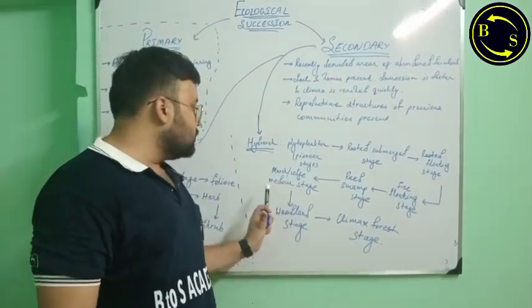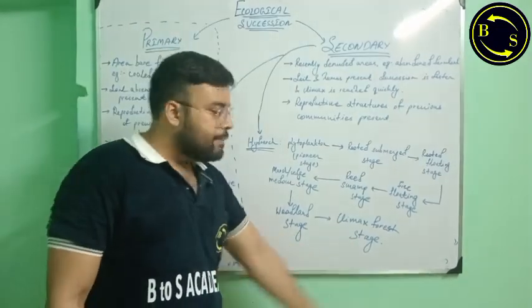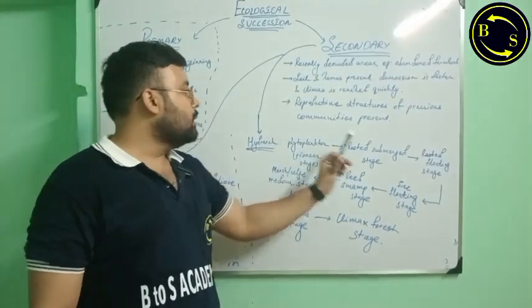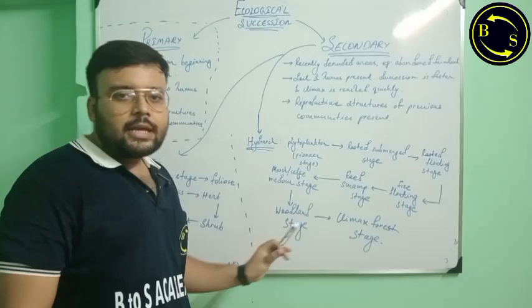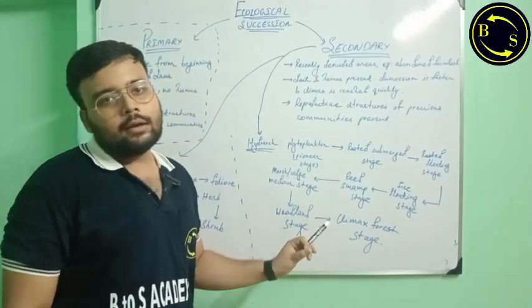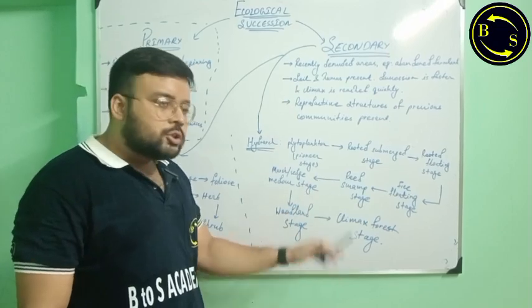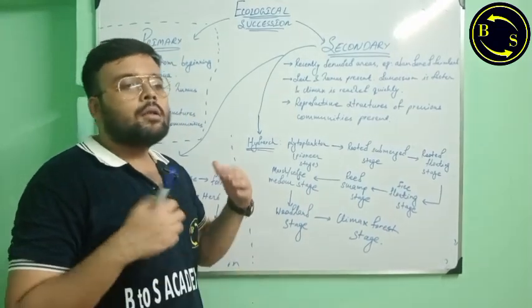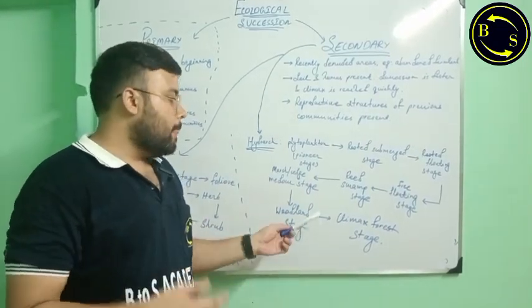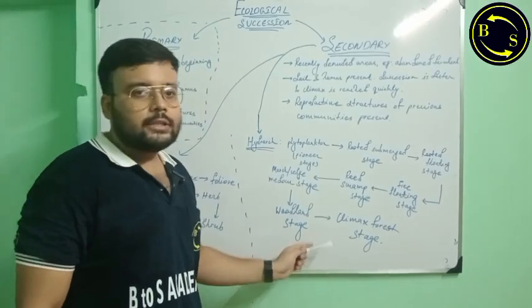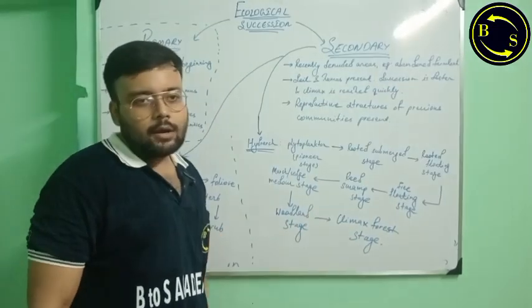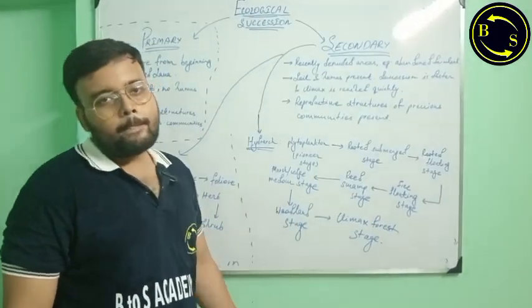However, the woodland stage is also present, and when the climax is reached, the phytoplankton, rooted submerged, all these communities are present, but in small numbers. The most diverse and the most populated is the climax forest stage, which dominates the entire community and the ecosystem.